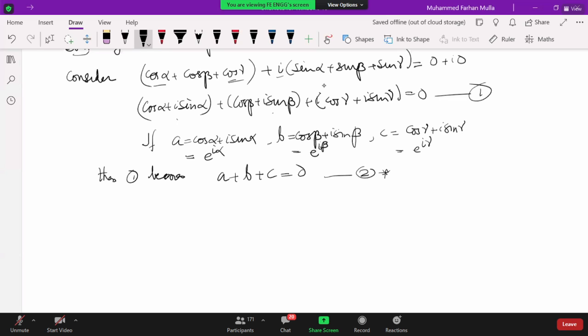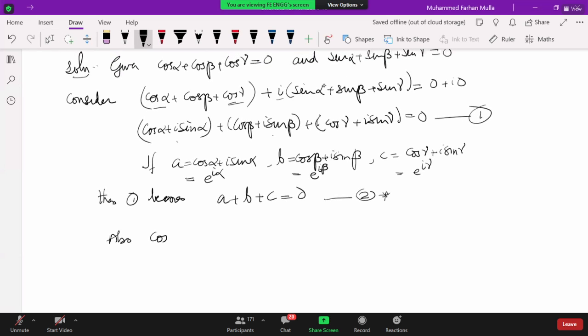You remember this. Also, I have here added two complex numbers. Can I take the subtraction? Yes, I can also subtract. That is cos alpha plus cos beta plus cos gamma minus I times sin alpha plus sin beta plus sin gamma, which is also possible.